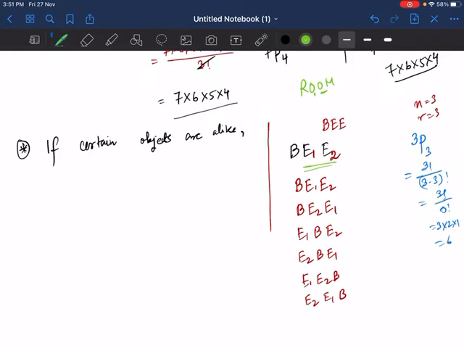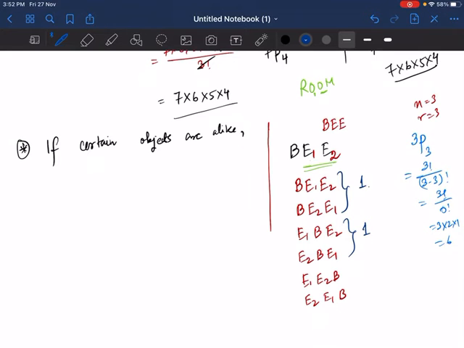So here, in the word B, there is nothing like E1 and E2. Basically, B, E1, E2 and B, E2, E1 are the same. They are to be considered one. Then E1, B, E2 and E2, B, E1 are also the same, so they are considered one.